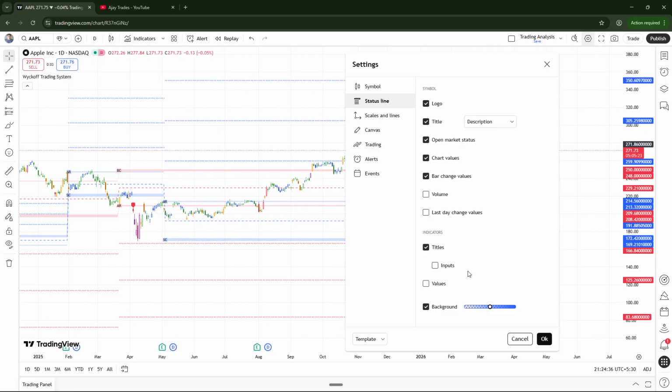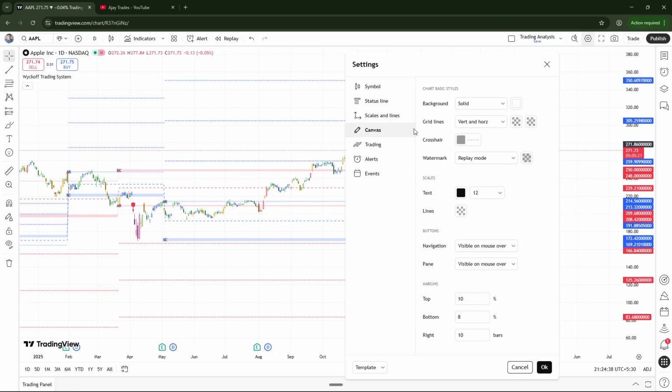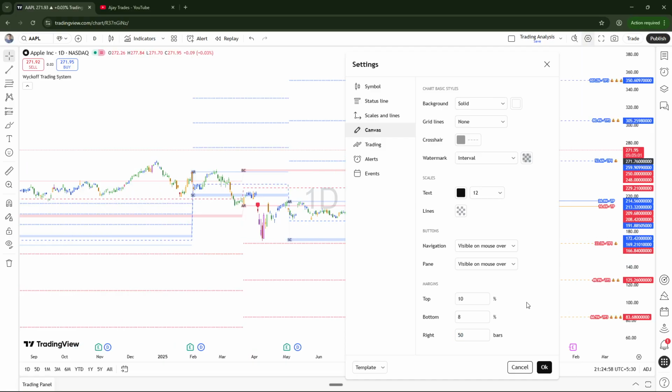Okay, that's done. In canvas we want none, so that it's clean, and we just want the ticker interval. That's it. And here I want 50 on the right sidebar, so that we can see the labels there.